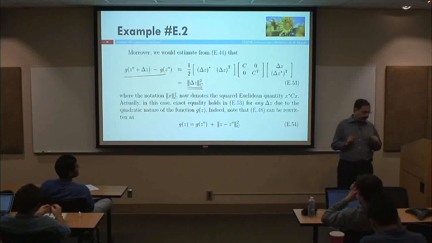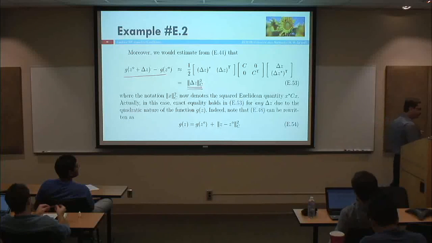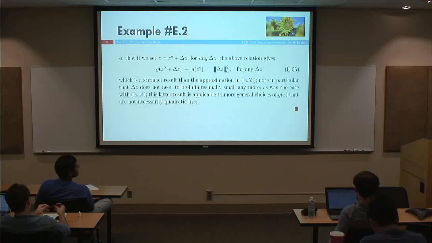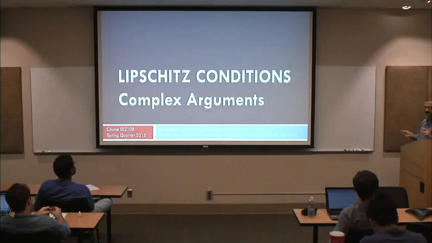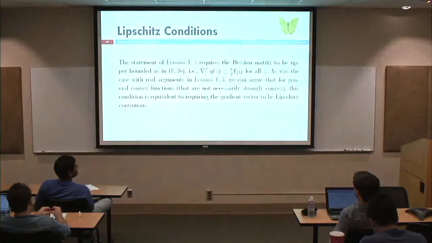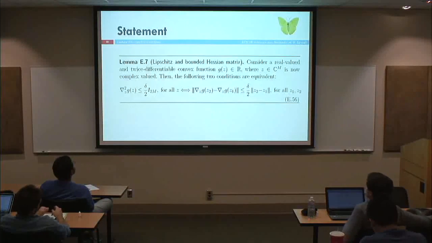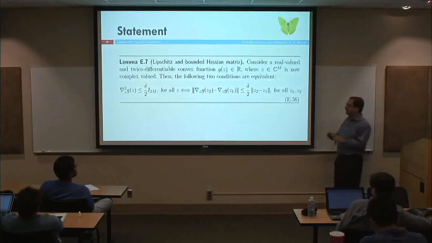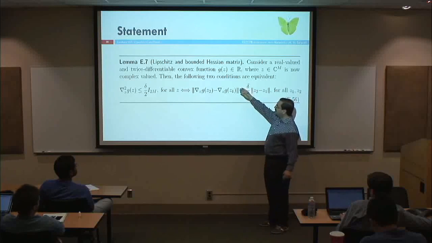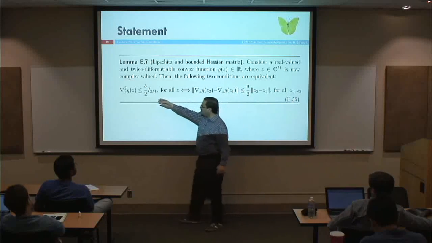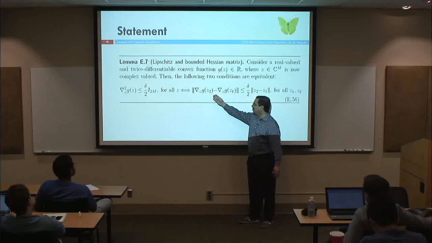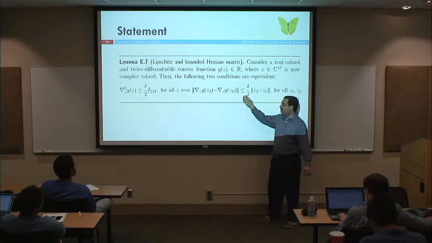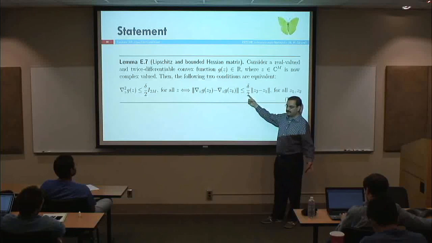Okay, so that's what I wanted to cover in this lecture on Lipschitz conditions. Like I said before, I will just mention these statements because this is similar to what we did before, I don't want to bore you. Assuming that the Hessian is upper bounded by delta over 2 is the same thing as saying that the gradient vector is delta over 2 Lipschitz.